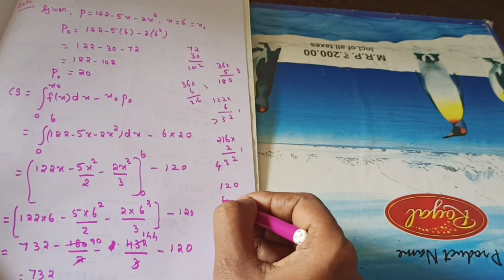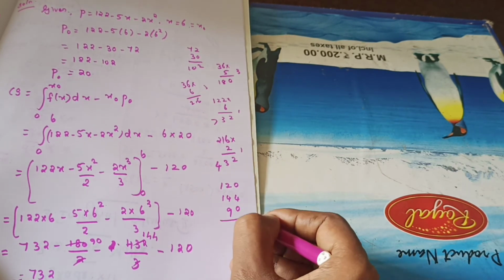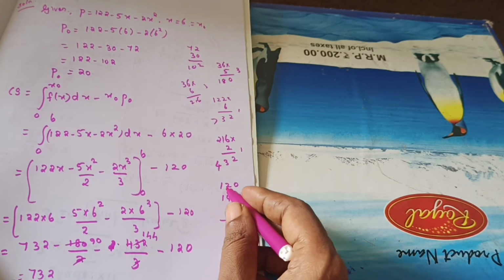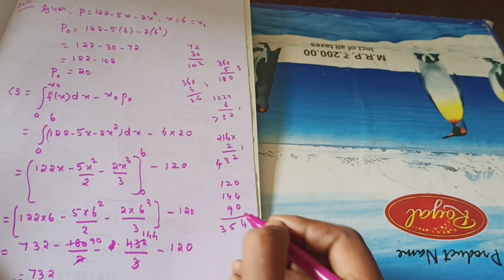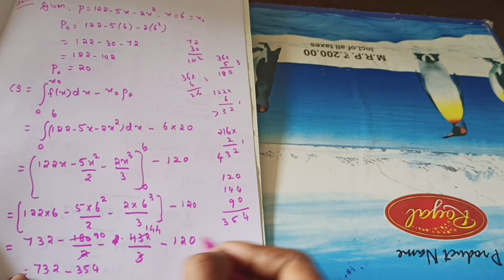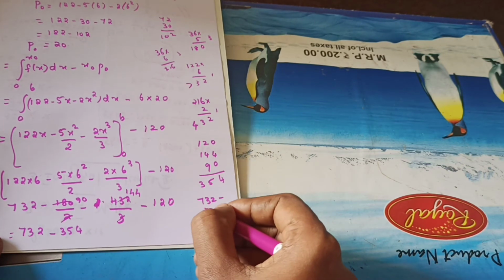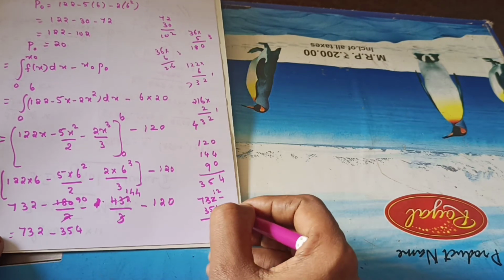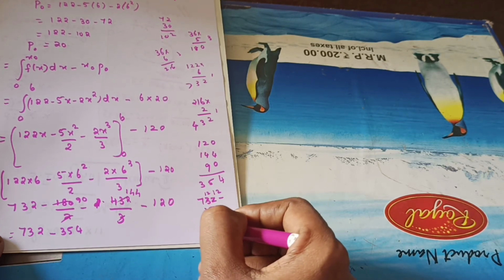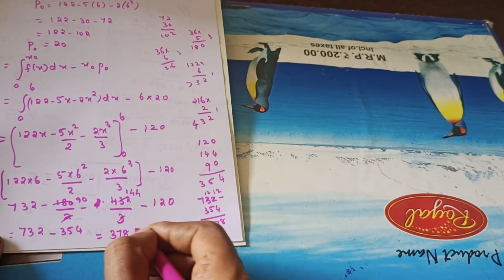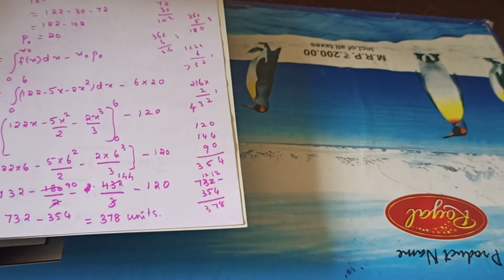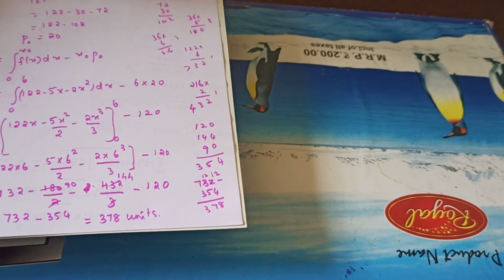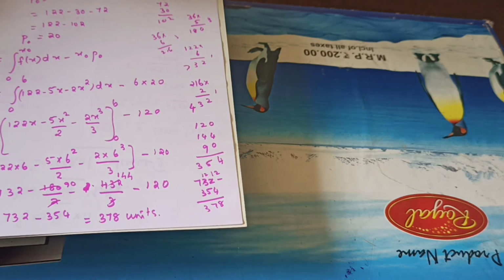So 120, 144, 90. The answer is 378 units.